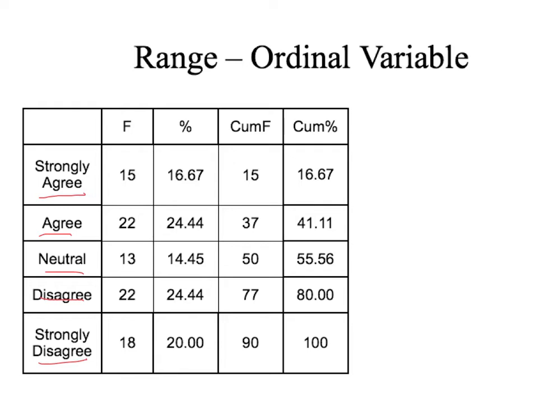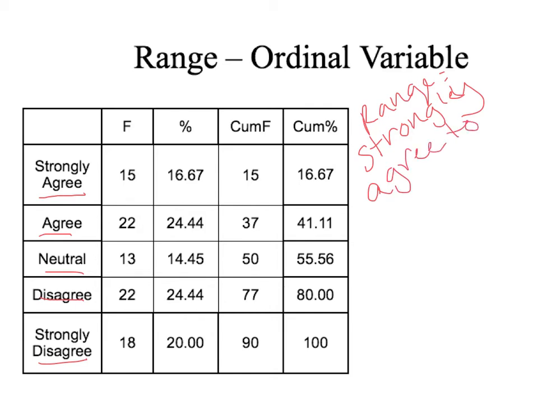And so our range here is going to be strongly agree to strongly disagree. So when we interpret this, we would say that the responses ranged from strongly agree to strongly disagree. And that would be our interpretation.